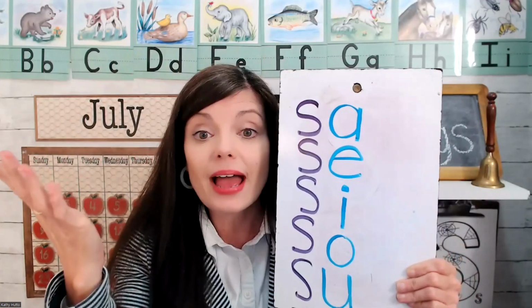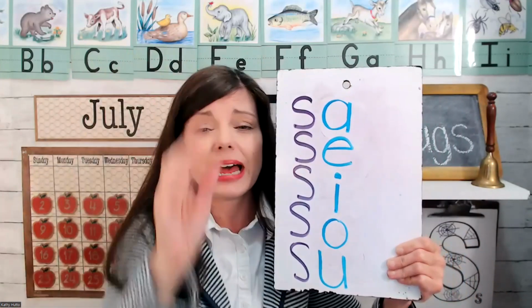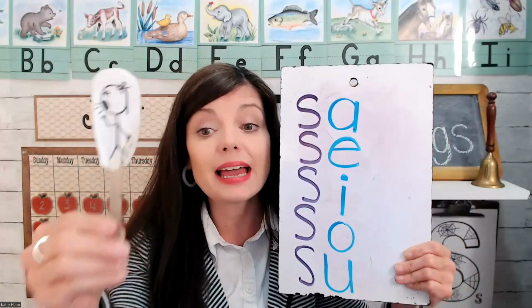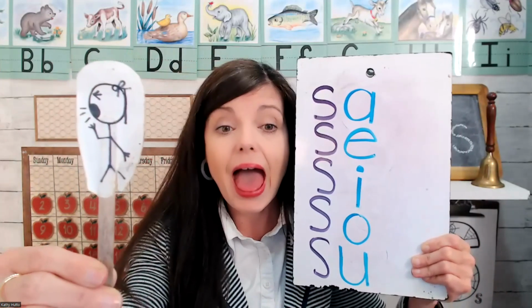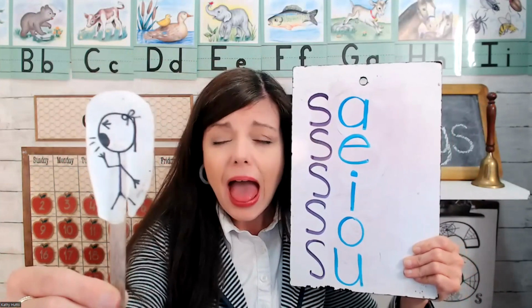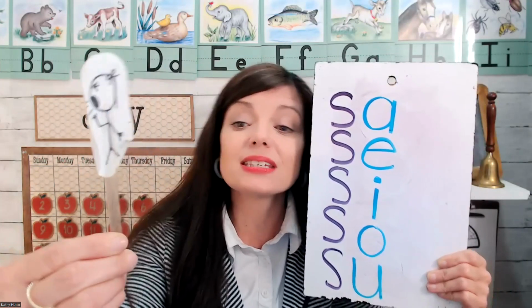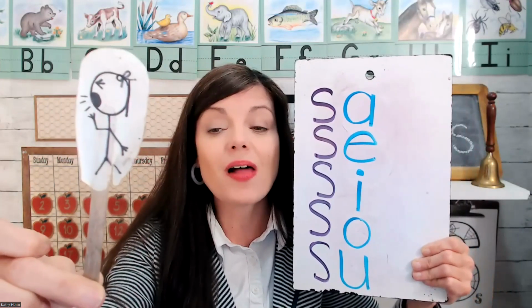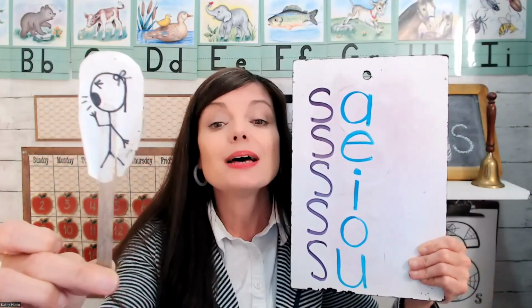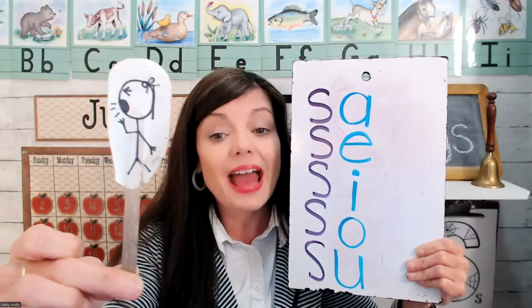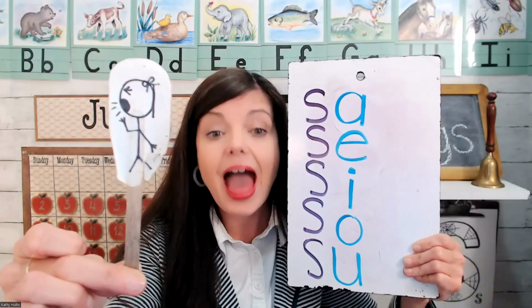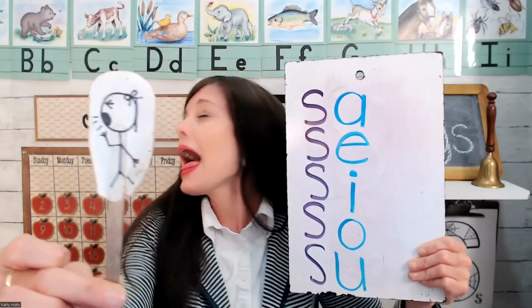So we know what letter S says, like a snake. And letter A says, a, as in achoo. So this is one of the vowel people. And there's a separate video if you want to watch it on the vowel people puppets. But you can just remember for now that A says a, as in achoo.